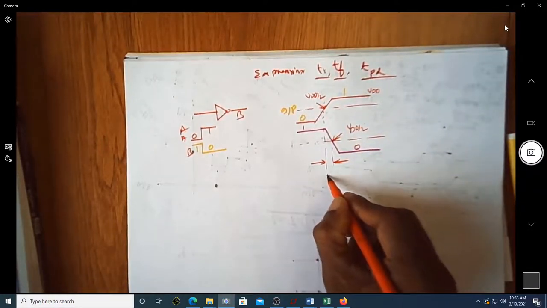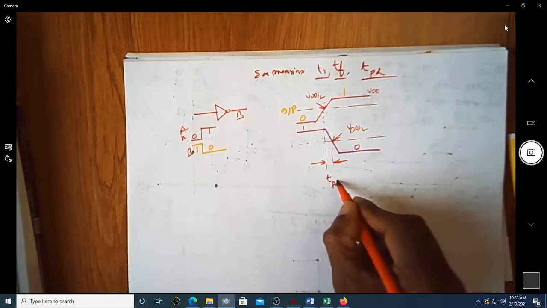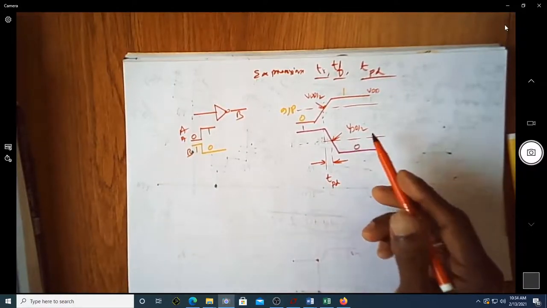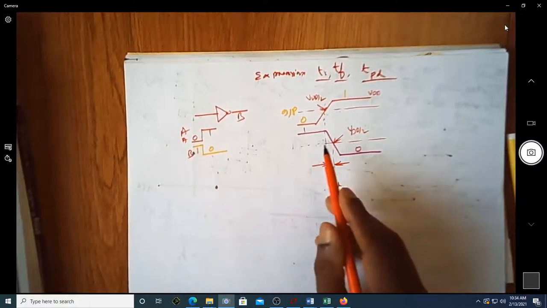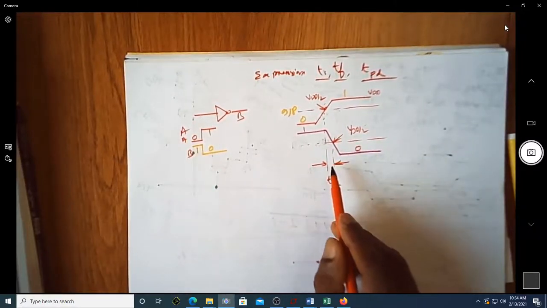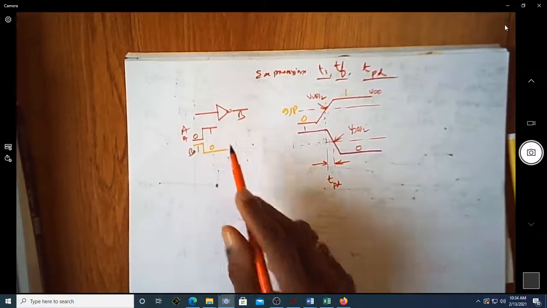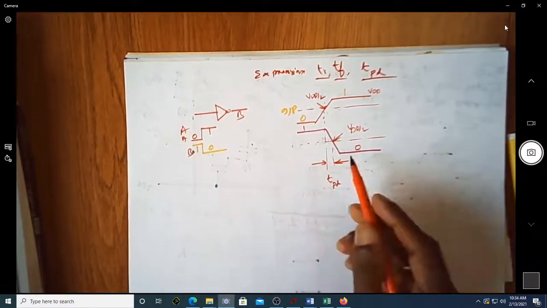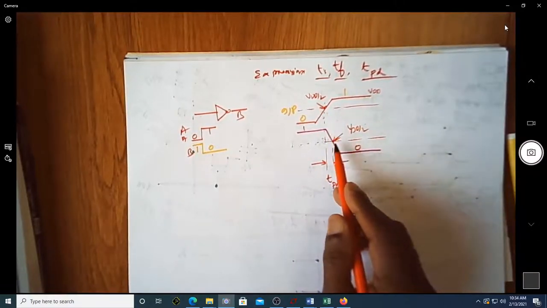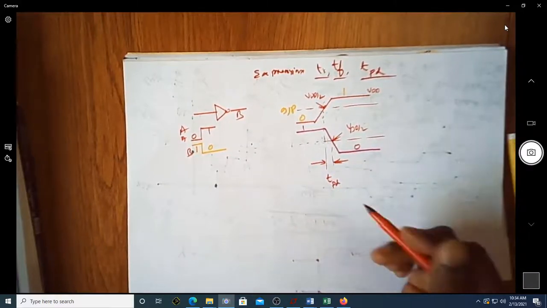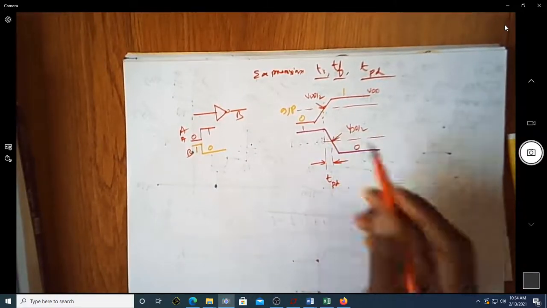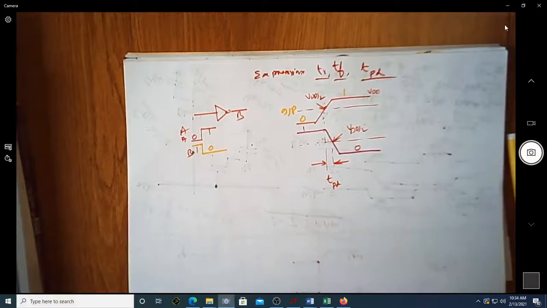So propagation delay of my inverter is defined as the time taken by the inverter to have the output from half of VDD to half of VDD on the output side.